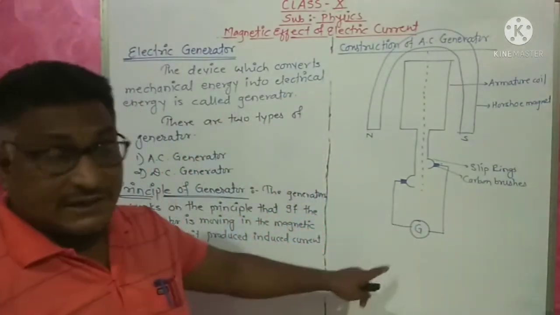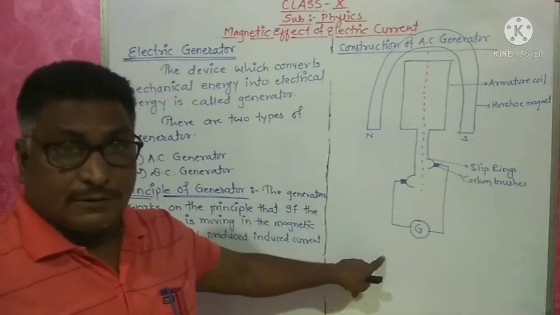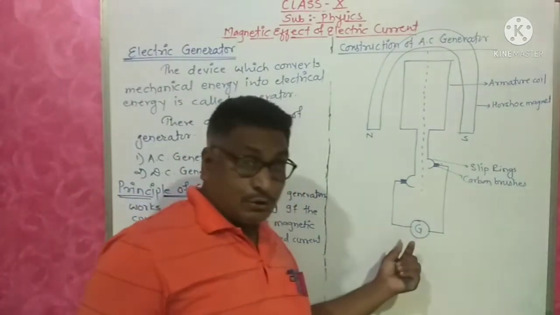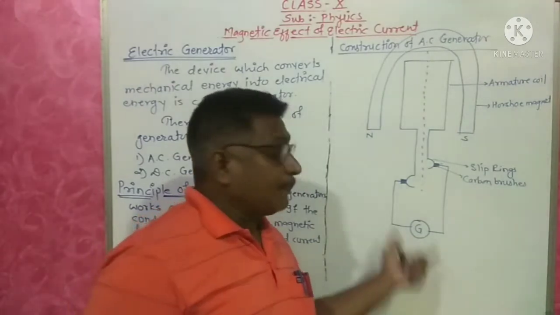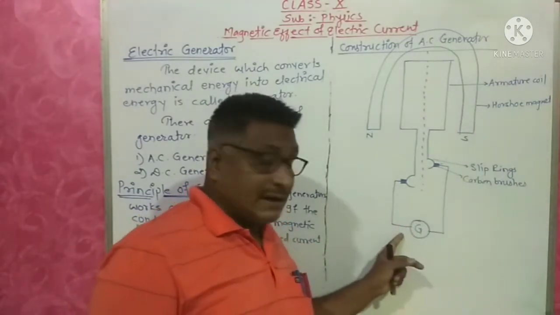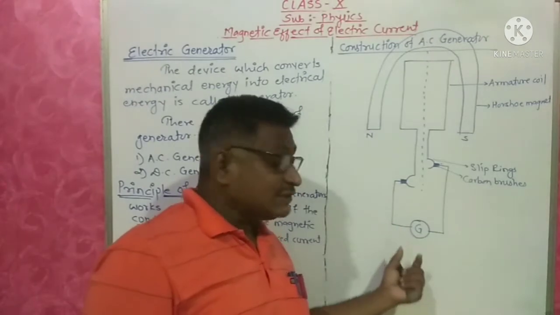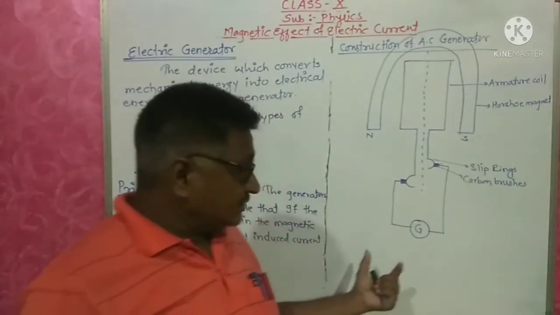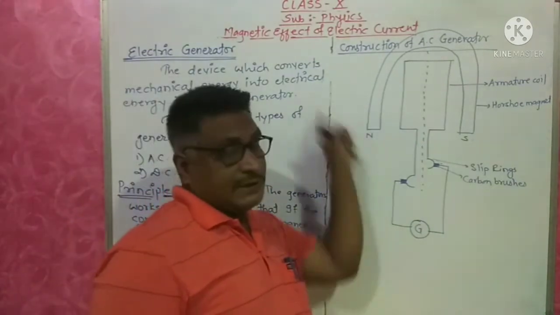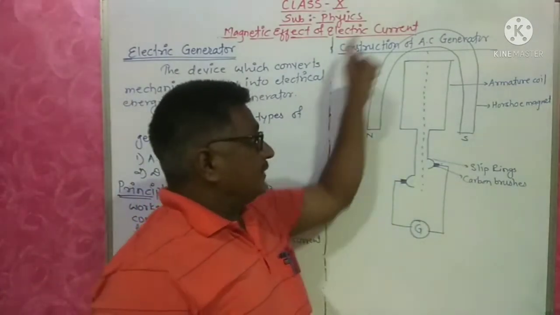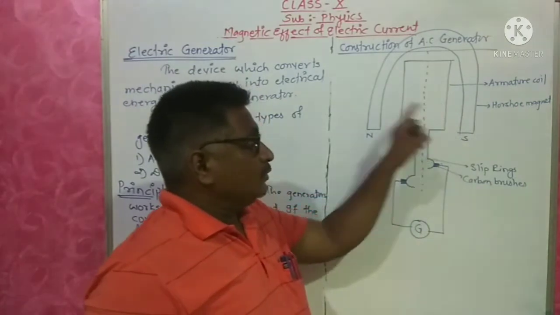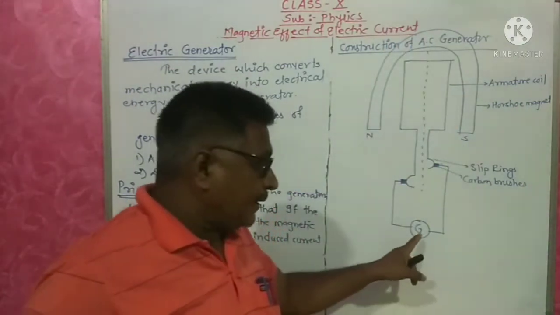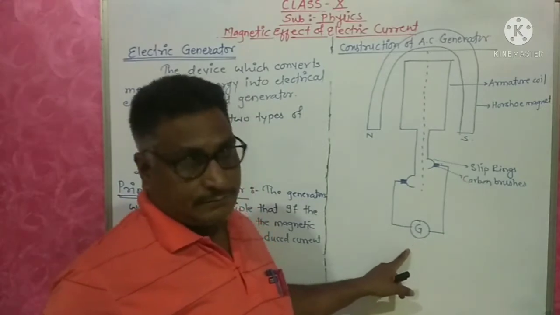Here we are not passing the current, we are generating the current. In the electric motor we showed a battery, meaning we pass the current, but here we generate it. When the armature coil rotates in the magnetic field, it generates current, and that current is detected by the galvanometer.